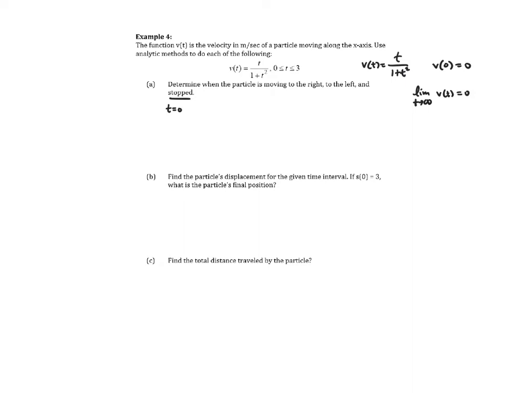But because v of t is greater than 0, let me read that in a different way. How about when t is greater than 0 and less than or equal to 3? v of t is greater than 0 when that's true.